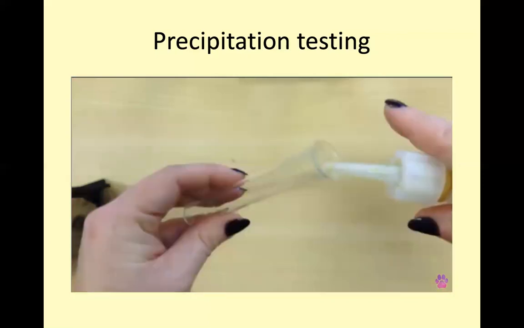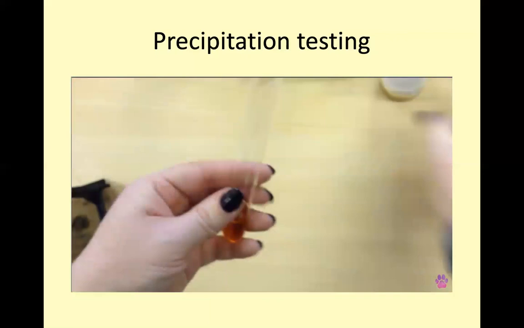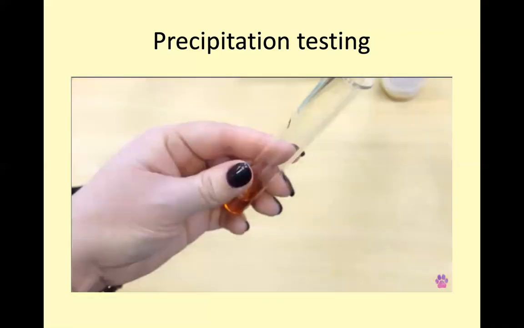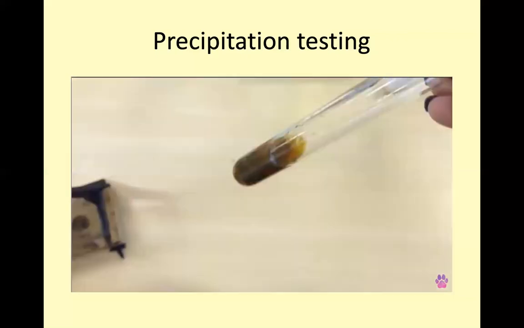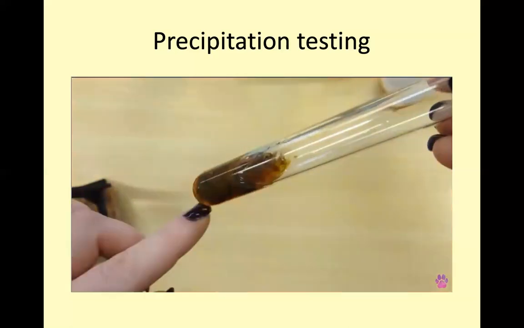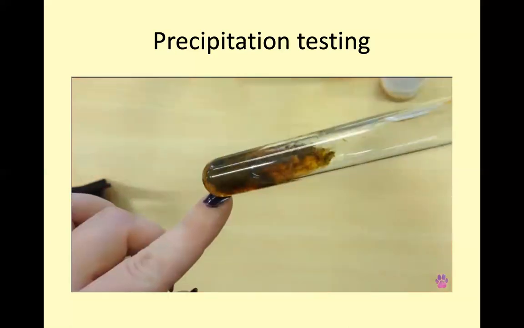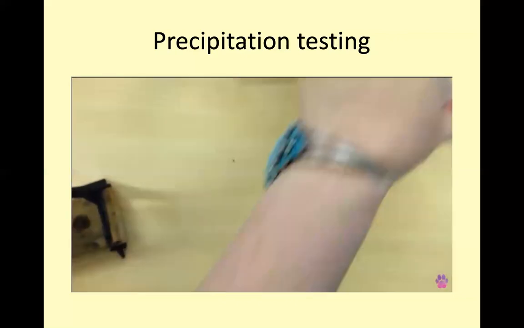So squirting my iron 2 in here and adding my sodium hydroxide. You can see that we have a brown precipitate being formed. And again, if you look really closely around the edges, you can see some of the unreacted iron 2 solution. After iron 2, I'm going to use iron 3.